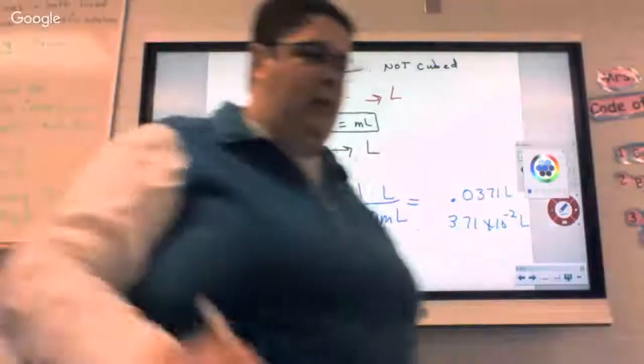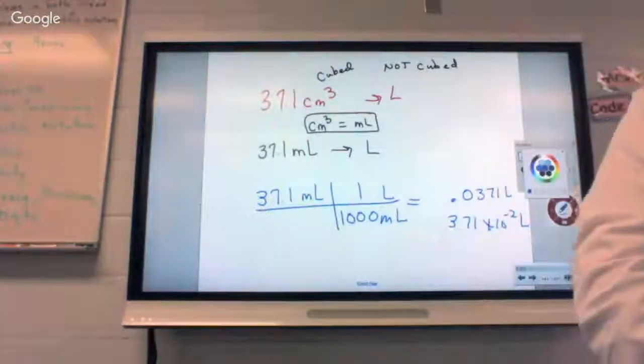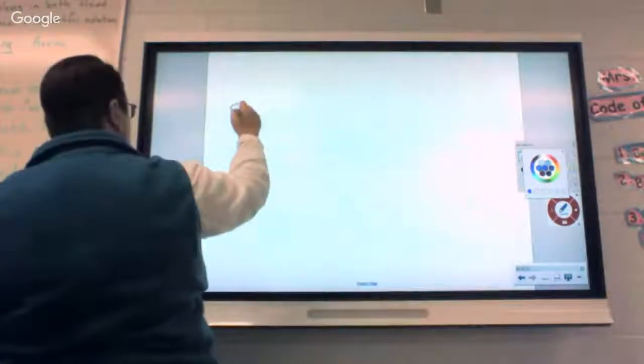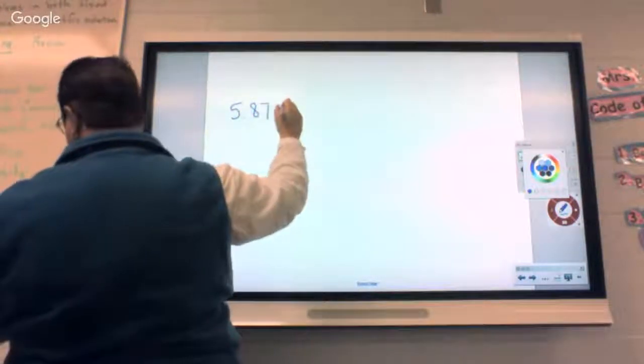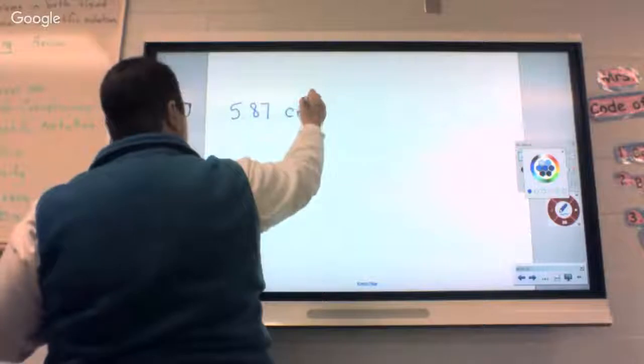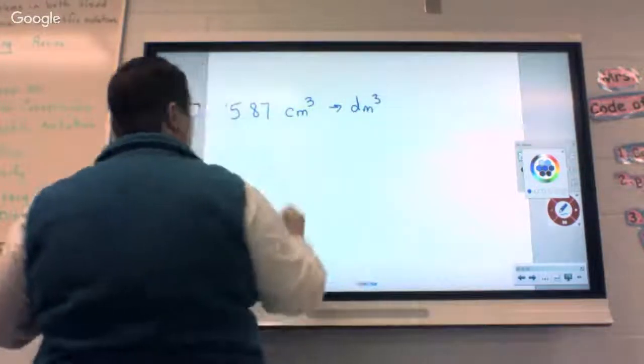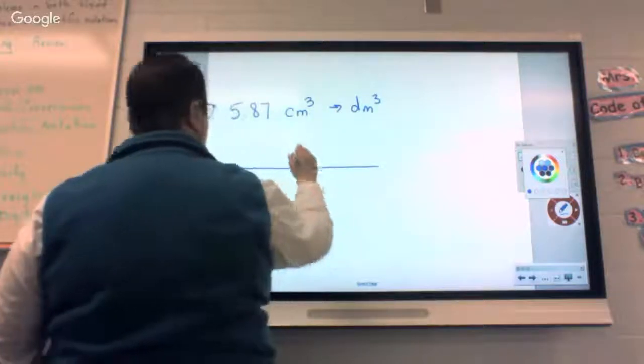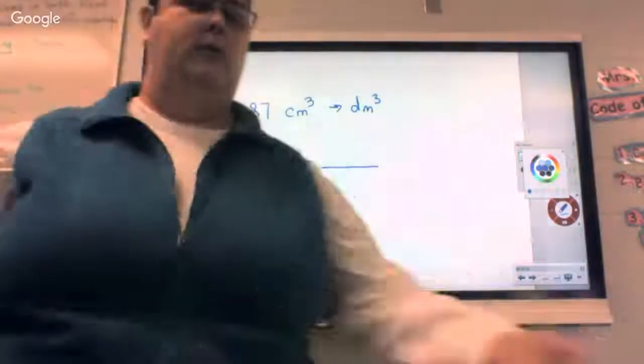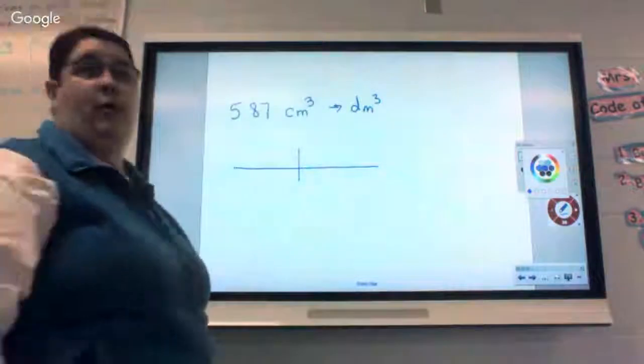13. All right. So 13 has 5.87 centimeters cubed. You're going to decimeters cubed. All right. So what can you tell me about this one that makes it different from the last one? They're both cubed.